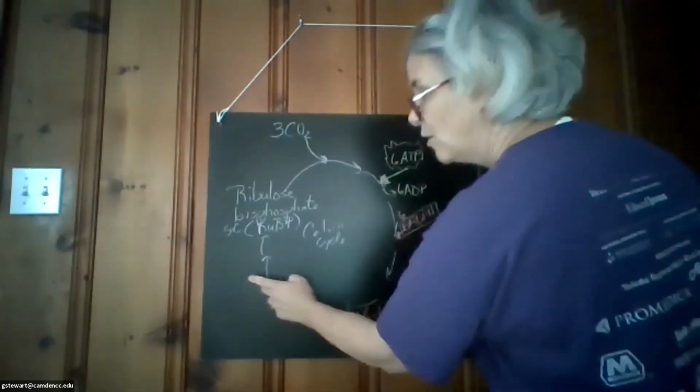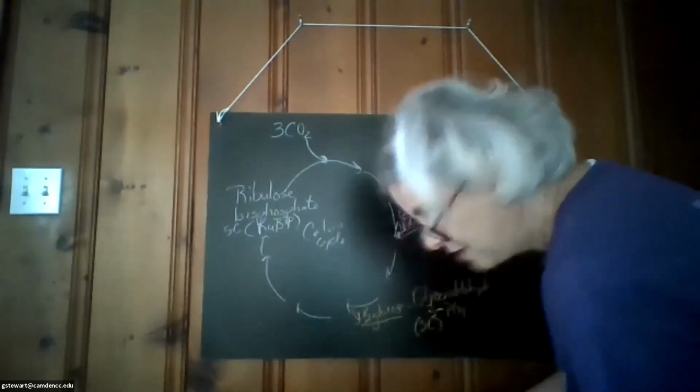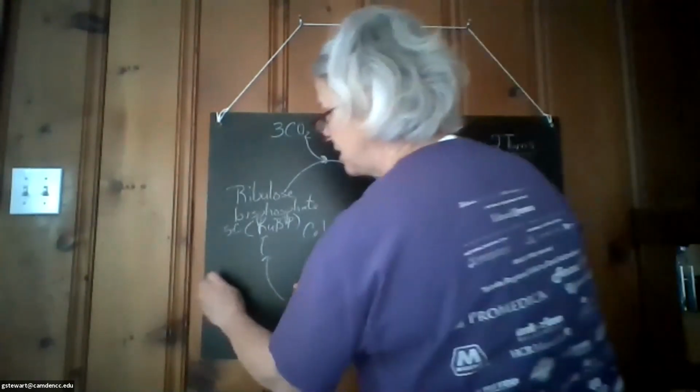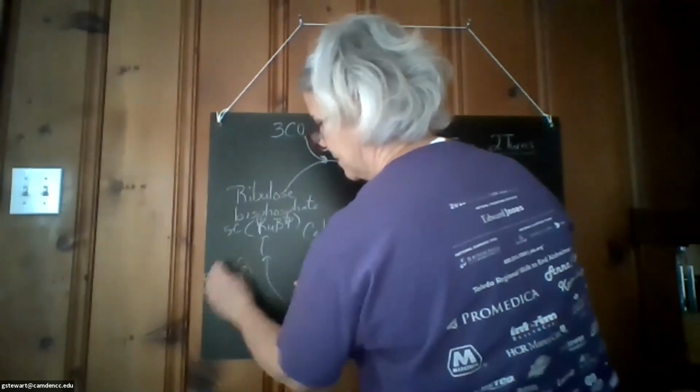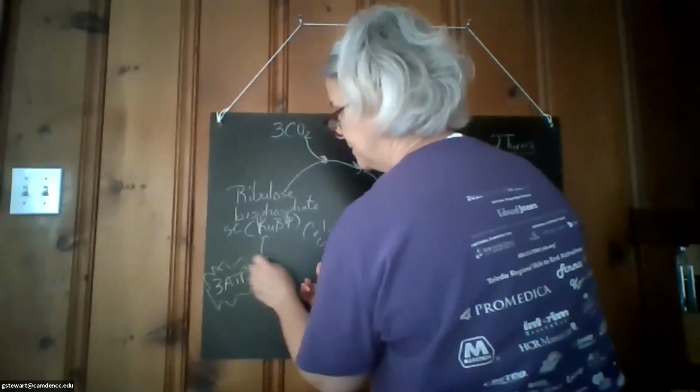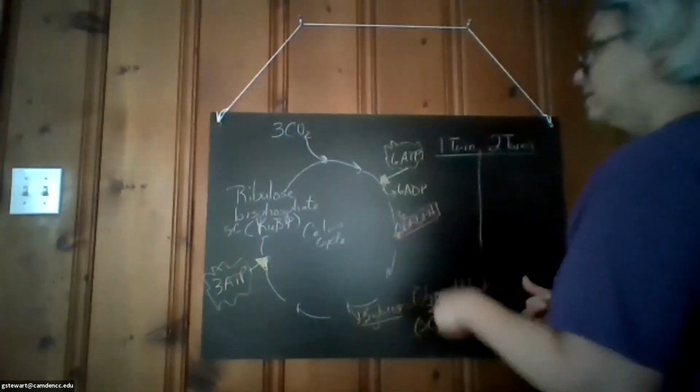In order to get the Calvin cycle to turn again, over here on this side, right before the formation of the ribulose bisphosphate, another 3 ATP need to be put into the Calvin cycle.